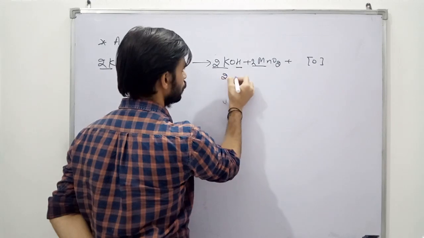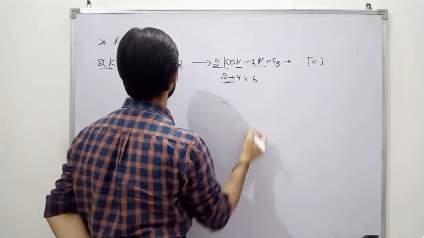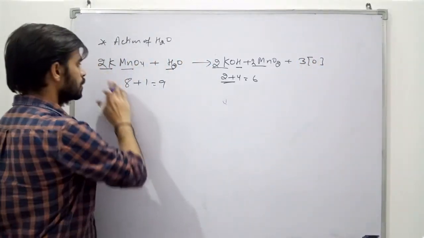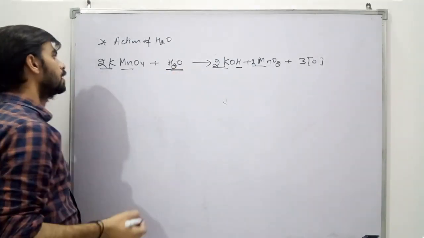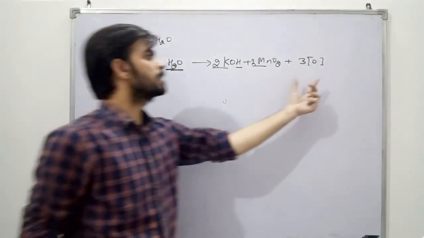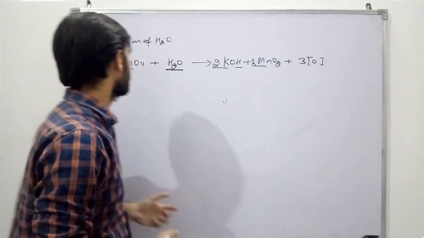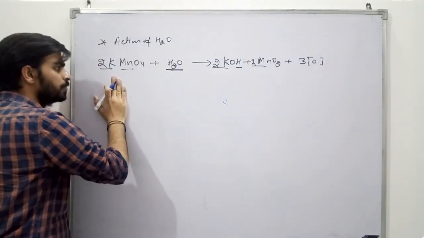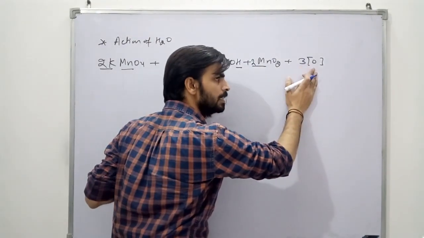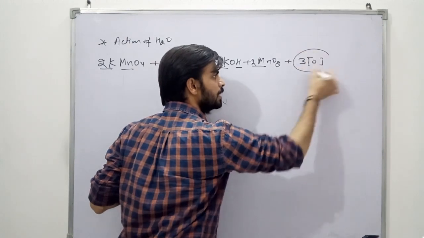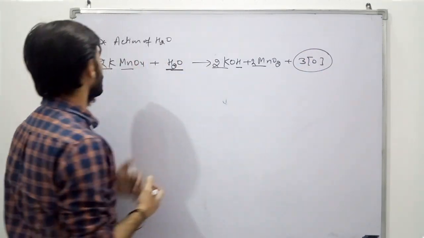Here we have 2 plus 4, that is 6. Now 3 oxygen. So in the neutral, KMnO4 gives 3 nascent oxygen which are responsible for the oxidizing character of KMnO4.